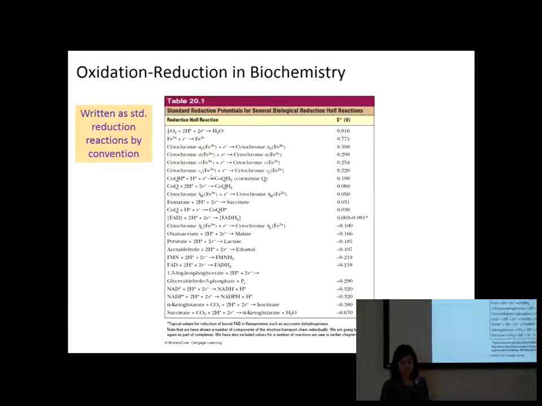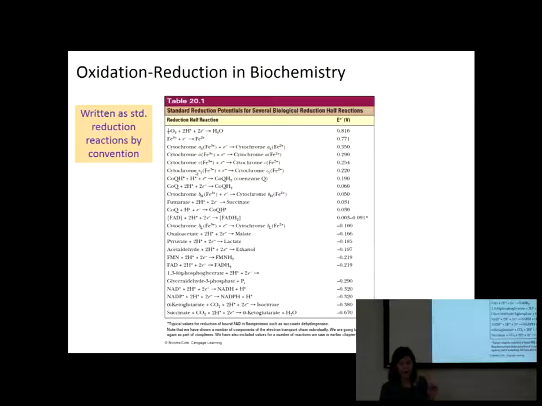So here, this iron is not going to be reduced as easily as a cytochrome A iron. It changes it just a little bit, the tendency of this iron.